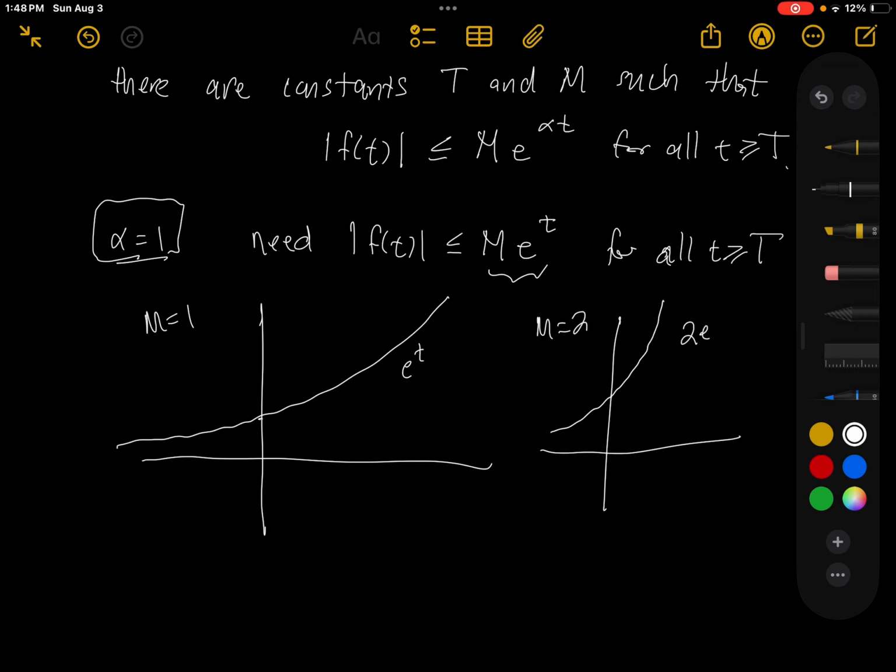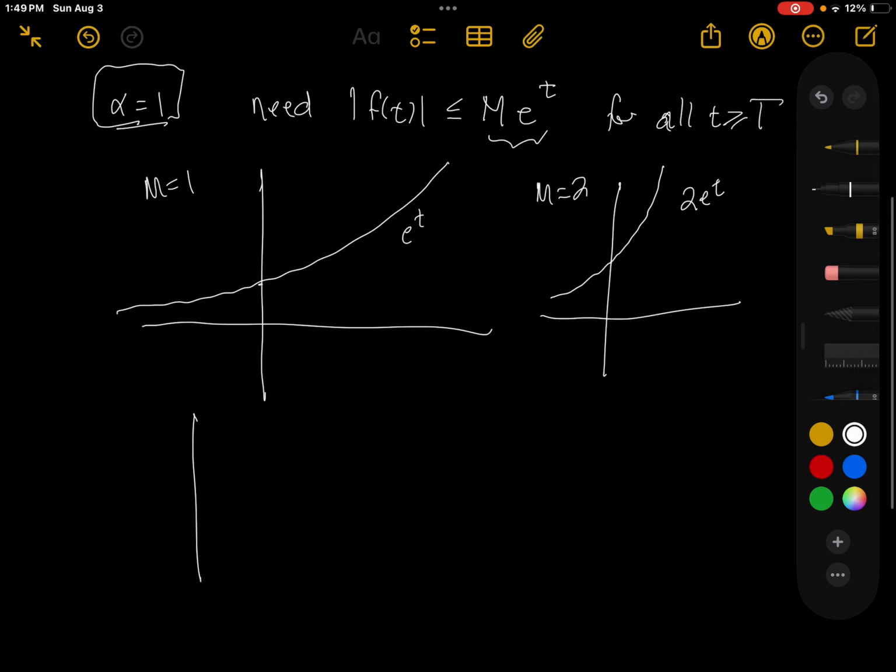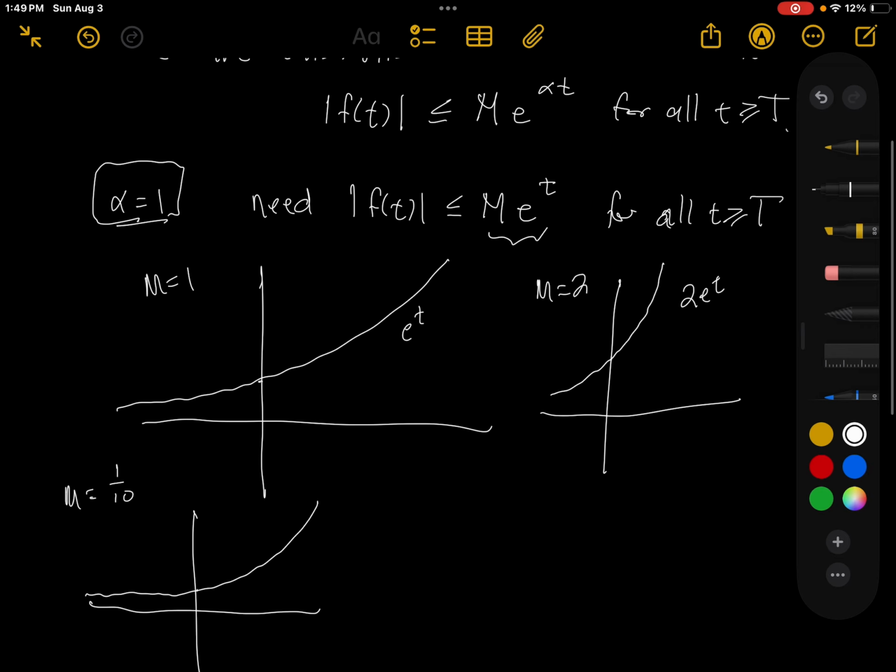And M is, in this case, a positive number. If M is 1/10, then it's 1/10 e to the t, which looks like this. So you just imagine all of these functions for different M's. For a different M, there's a different function, M e to the t.